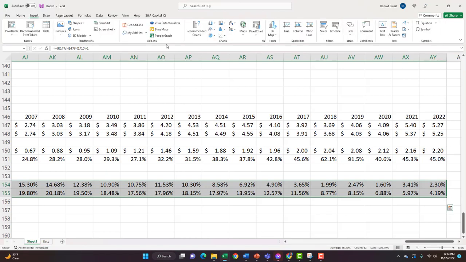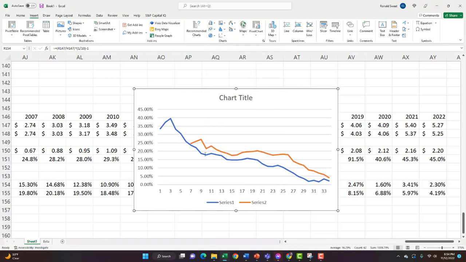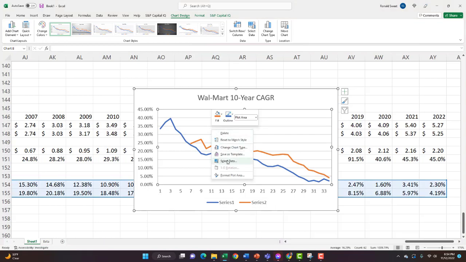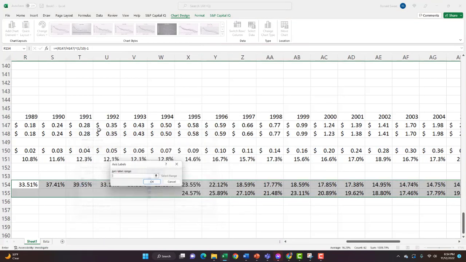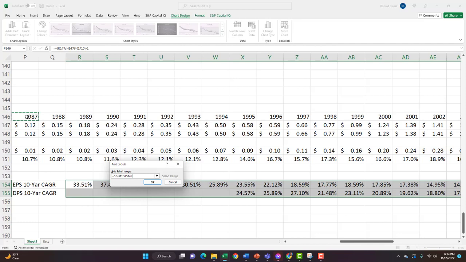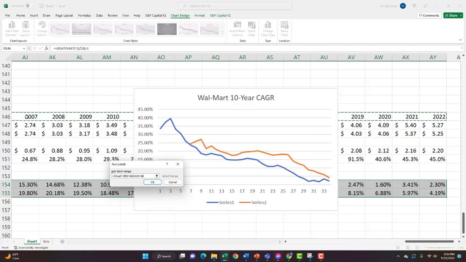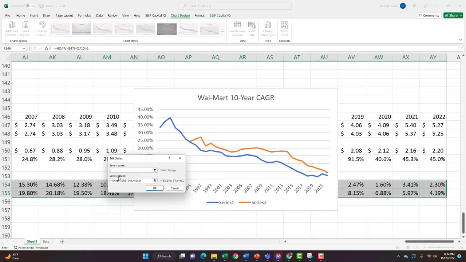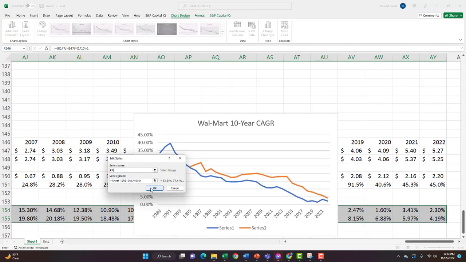You can do it as a graph. You can see for Walmart growth, select data, let's put the year in there. We start in 1989. Let's edit our series, earnings per share.